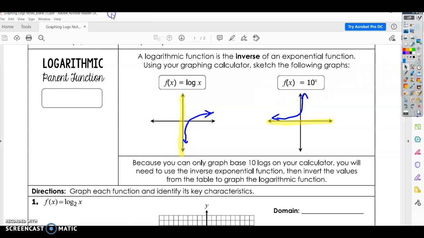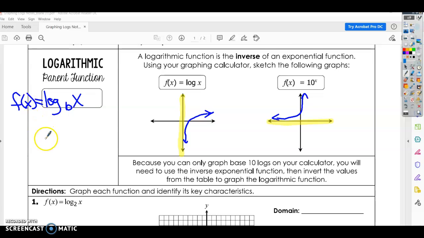So just looking at what those look like and how one is the reflection of the other across y equals x. If we talk about the parent function, what is the parent function of a logarithm? The parent function is f of x equals log base b of x.